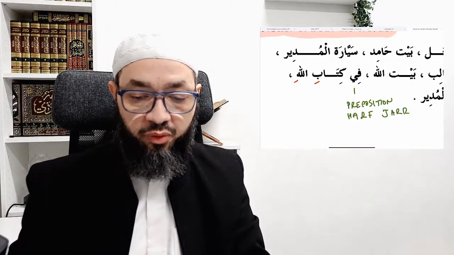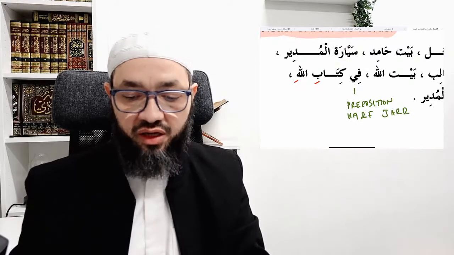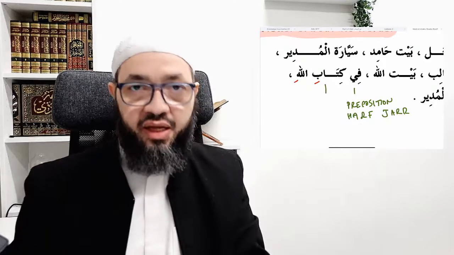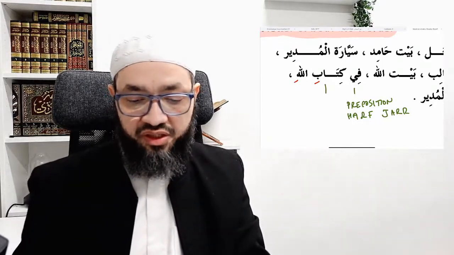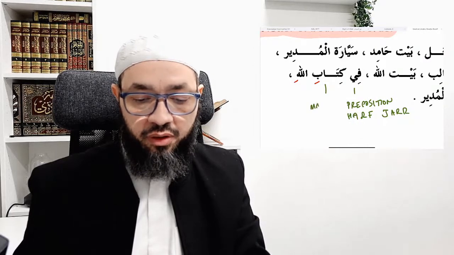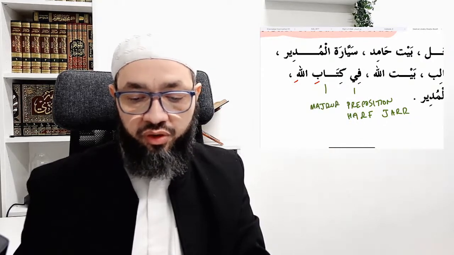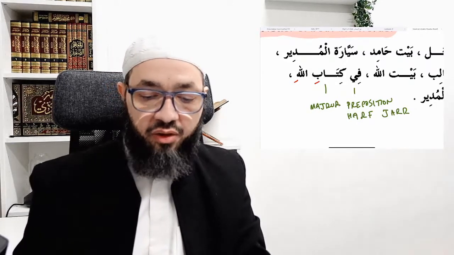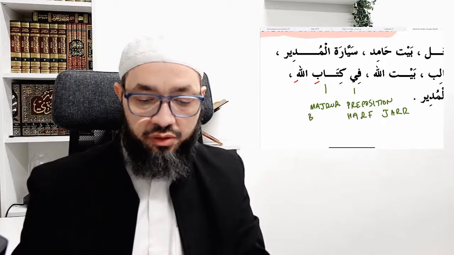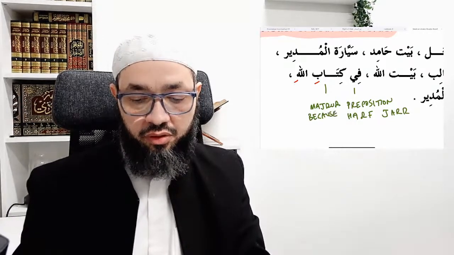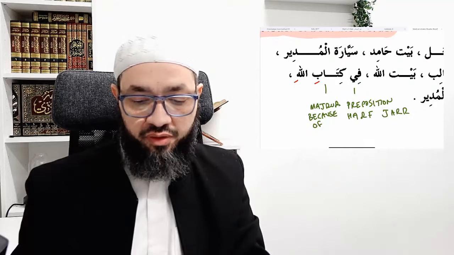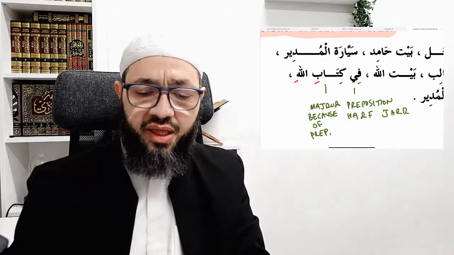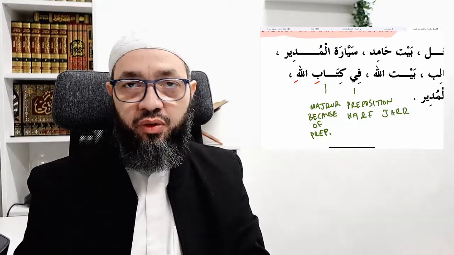So when we want to explain the rules here, we say fi is a preposition. Kitab comes after a preposition, so it becomes majrur. It's majrur because of the preposition. Then Allahi is majrur because it's the mudaf ilayh. Now we look at these two words together.